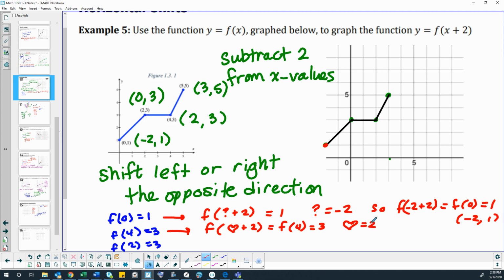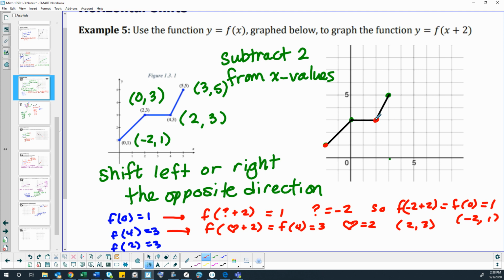So we are going to do our point at 2, 3. The y value is staying the same. The x value is changing so that the definition for this function stays the same. So we need a 2 in order to do f of 4, which is 3, so that gives us a point at 2, 3.